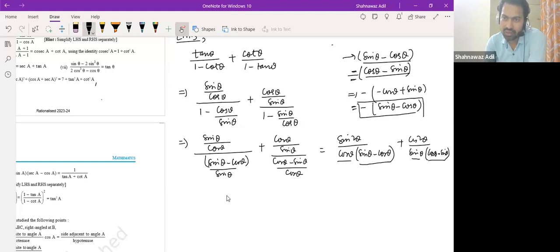I multiply by minus and divide by minus, or take minus common, whichever way you like. There is only a change of minus sign in both the terms. So I take minus common and then this changes to this one. Clear?